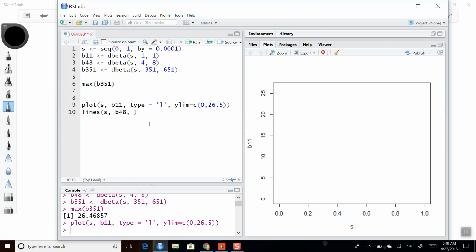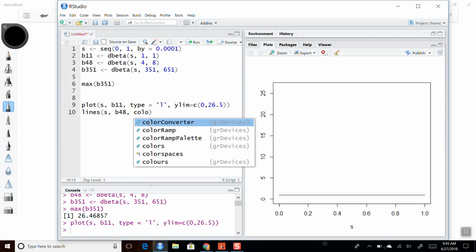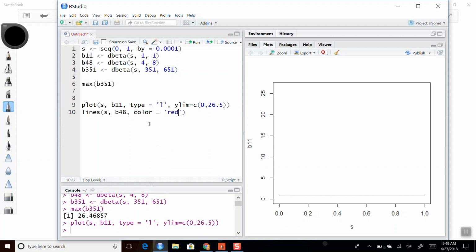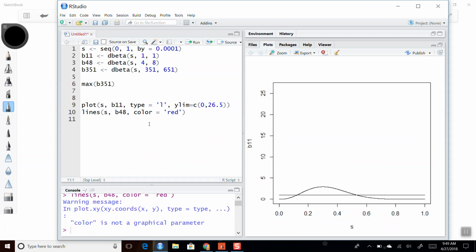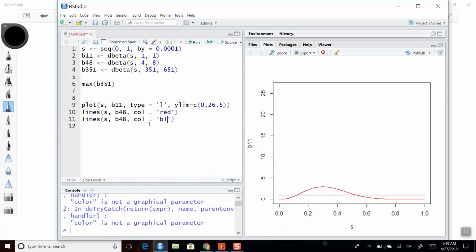All right, and then we're going to add lines s against B48, color equals, we'll do this one in red. Okay, so this is what it looks like here, and then we will throw in B351 in blue, and it looks like that.